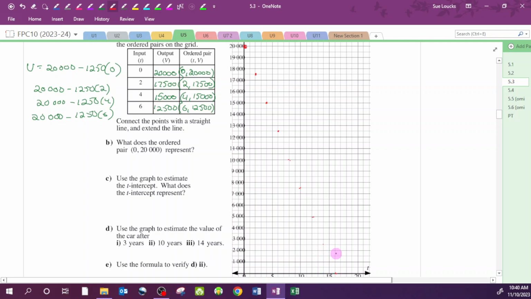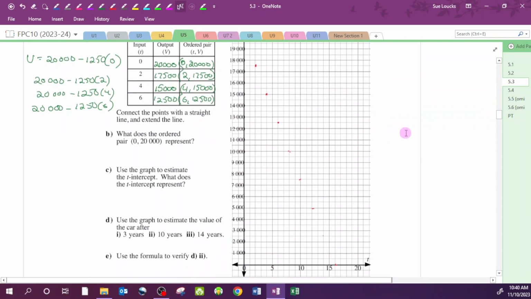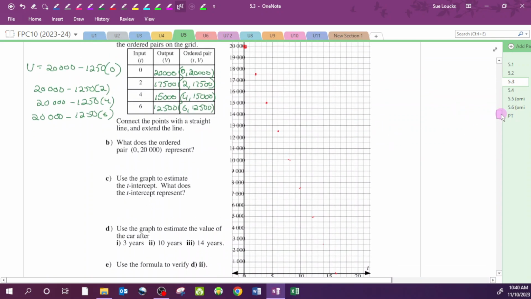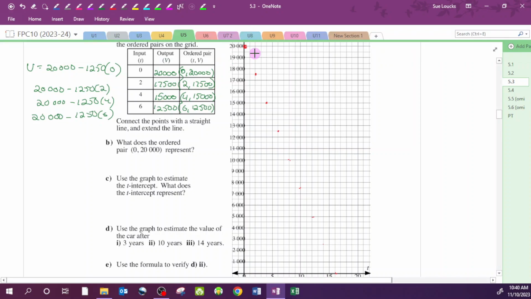Okay, so when we talked about interpolation and extrapolation, which I think you did last year, just remember that some of these points are actually extrapolated, and I'm just putting them there so that I can get a better line. That was the point of doing that.